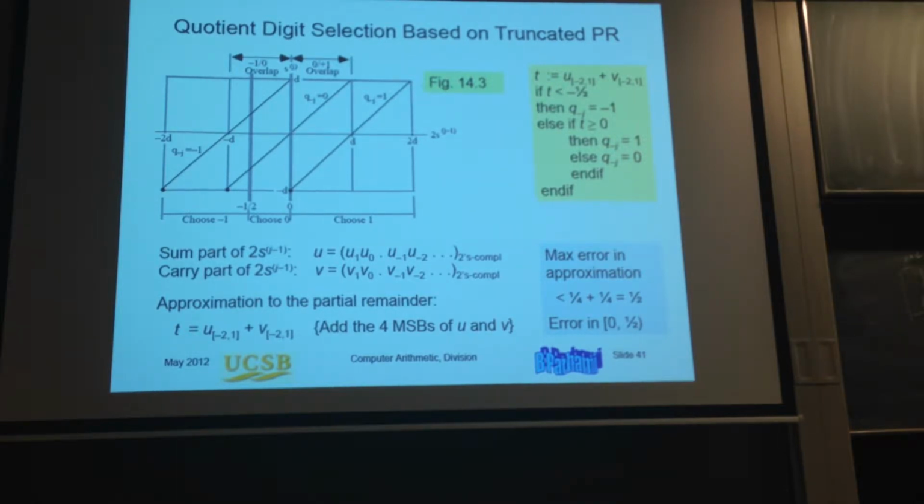And after the carry propagation, which is a complete cycle, I had the next partial remainder and I knew what's going on with that. Now my decision will be done on a partial remainder which is not stored as a number, but as two numbers. We already know that this is faster. It will take me one full adder delay to generate this compression. Now, the question is how to make the decision.